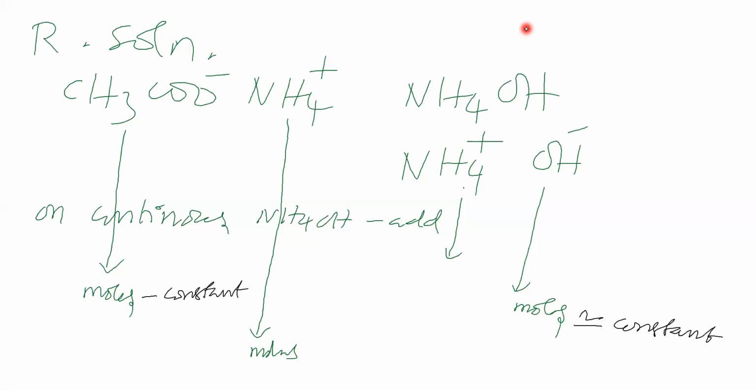Once the equivalence point is reached, after attaining the equivalence point, whatever ammonium hydroxide you add, how will the total number of moles of ions be? Though you are adding ammonium hydroxide continuously, the total number of moles of ions is almost constant.